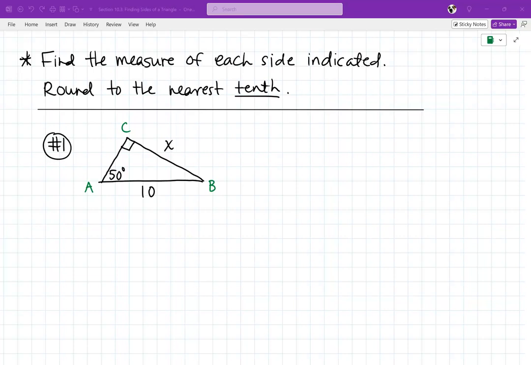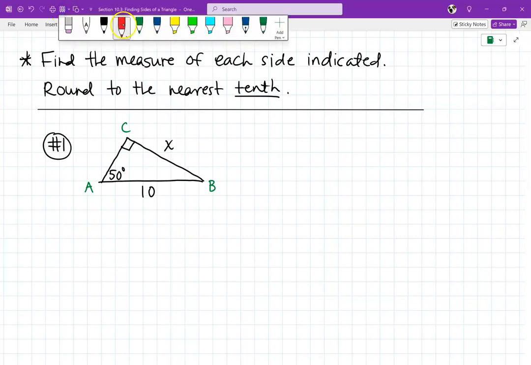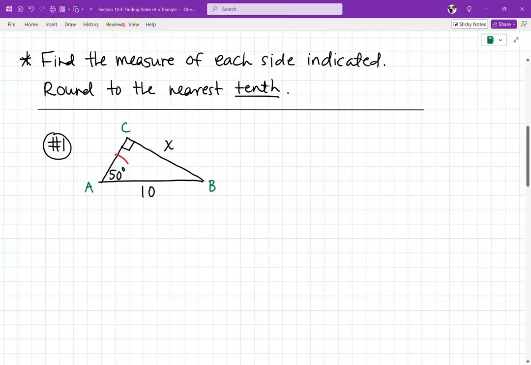So the first thing I have to do is label the sides that are given. You see how side AC doesn't have any information? I don't care about that side. What I care about right now is this angle right here, and the number 10. Is the number 10 the hypotenuse, the adjacent, or the opposite side?